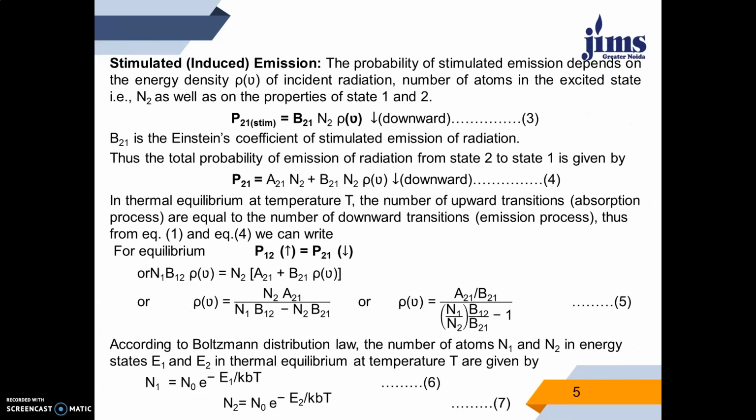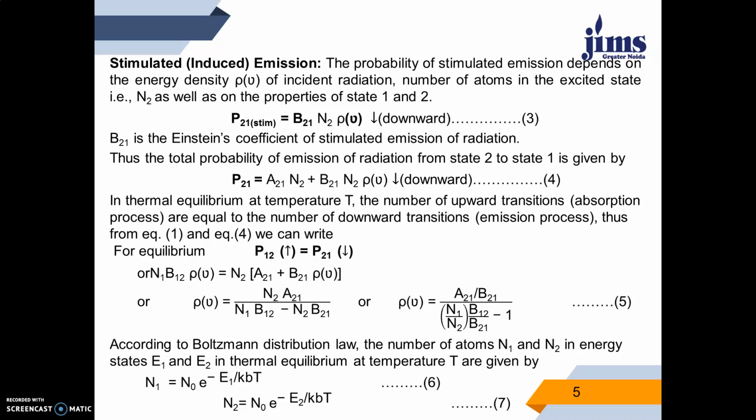Third important transition is stimulated or induced emission transition. This transition also takes place from upper state to lower state, and therefore the probability of stimulated emission depends on the energy density of radiation rho nu of incident radiation and the number of atoms in the excited state, that is N2, as well as on the properties of state 1 and 2.